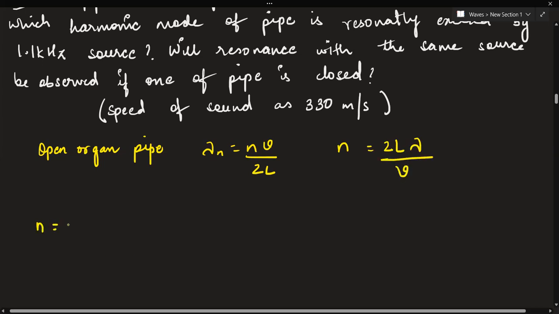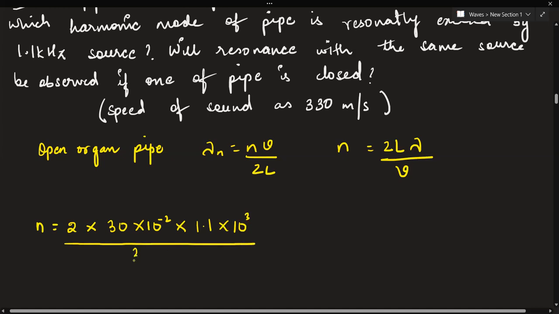On putting all the values, 2 into length of the tube, which is 30 centimeters, so we should convert it into meters. And the frequency is 1.1 kilohertz, which is 1.1 into 10 to the power plus 3 hertz.